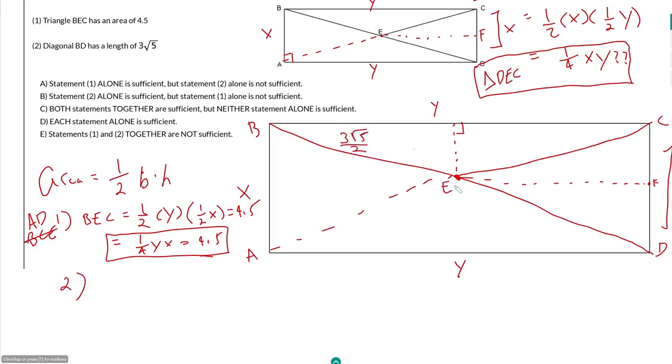DE is 3 rad 5 over 2. ED should also be 3 rad 5 over 2. Then AC, because that is the same diagonal as BD in terms of its length, so this here should be 3 rad 5 over 2, and AE will also be 3 rad 5 over 2.